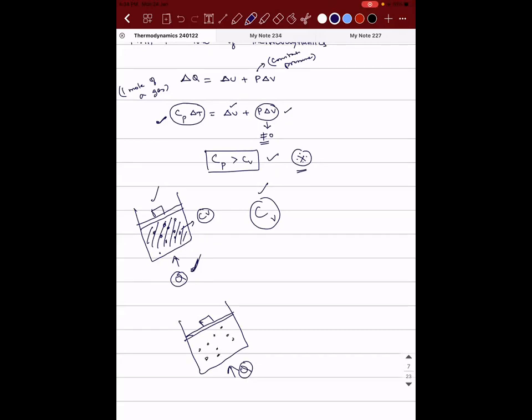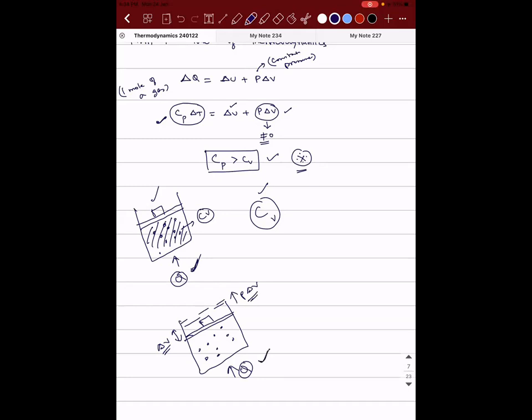So the particles inside will start moving with a greater velocity, like how water boils. The same kind of scenario is going to occur. Are you able to understand? And this piston will start moving in the upward direction so that there is a change in volume taking place. That is P delta V. Correct?